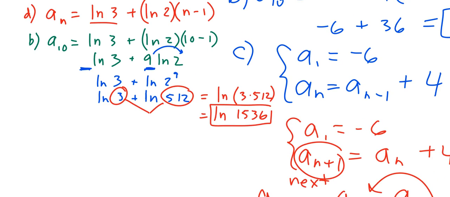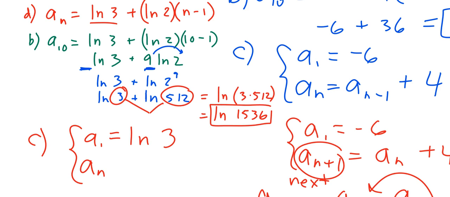Then they ask me for a recursive pattern. Okay, we can do the recursive pattern, right? It has to have a starting place. So the first term is natural log 3. And the next term is equal to the previous term plus, now the common difference here is not just a normal number.